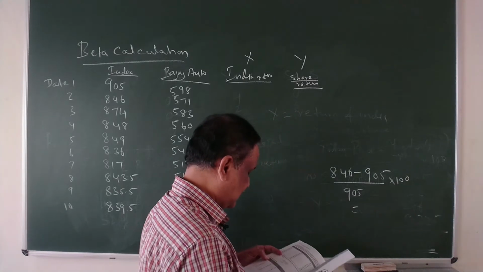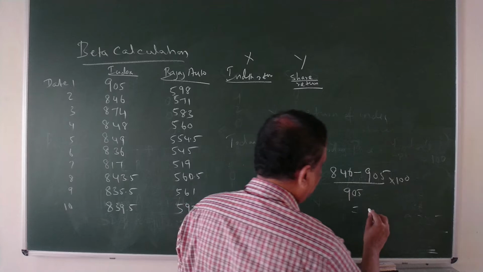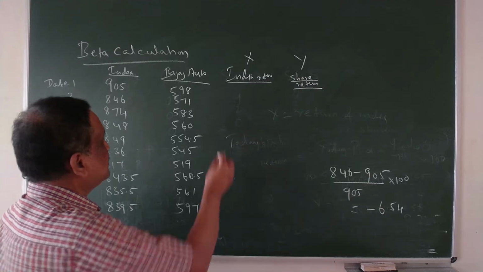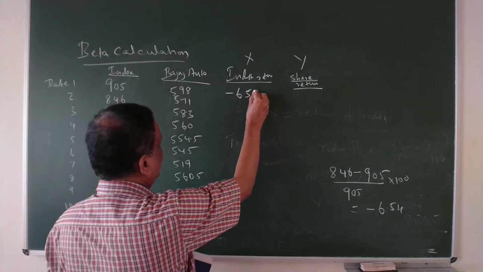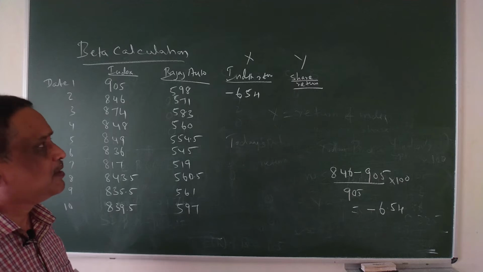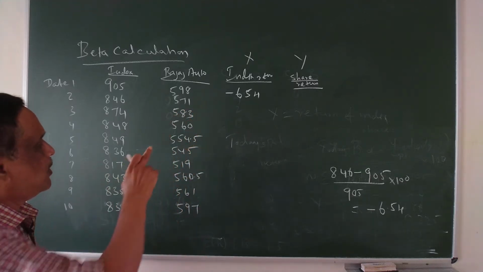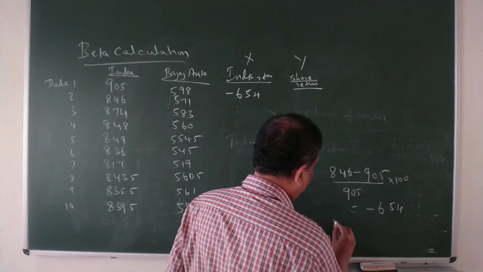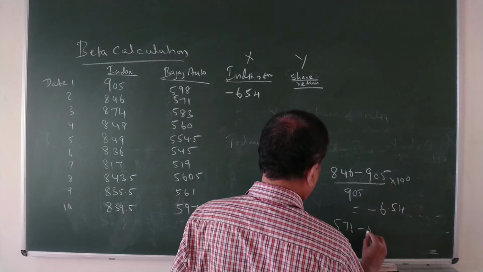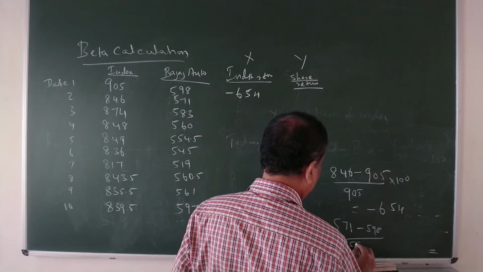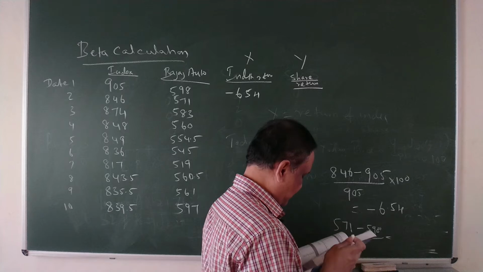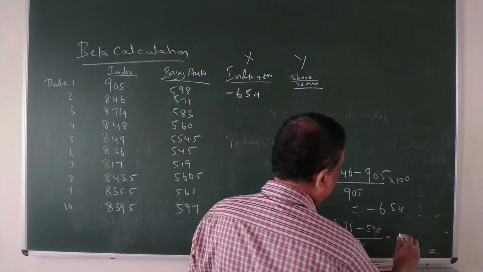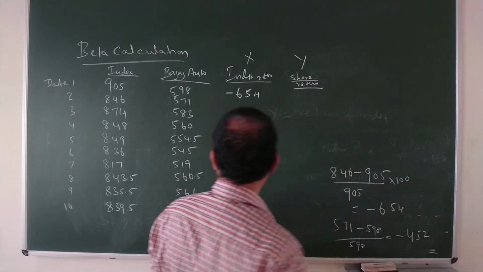You will get the value as minus 6.54. Similarly for y, 571 minus 598 divided by 598 would give you minus 4.52.